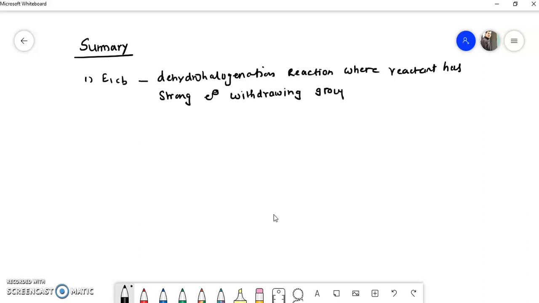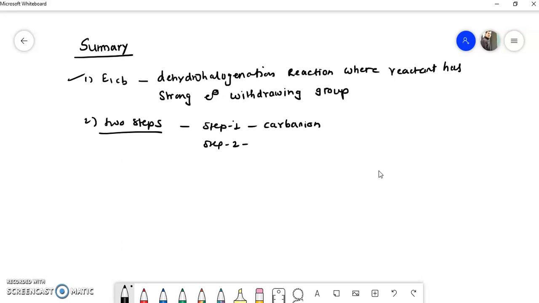This starting material undergoes the E1CB mechanism. In the E1CB mechanism there are two steps. In step 1 there is formation of a carbanion. In step 2 there is elimination and formation of an alkene.